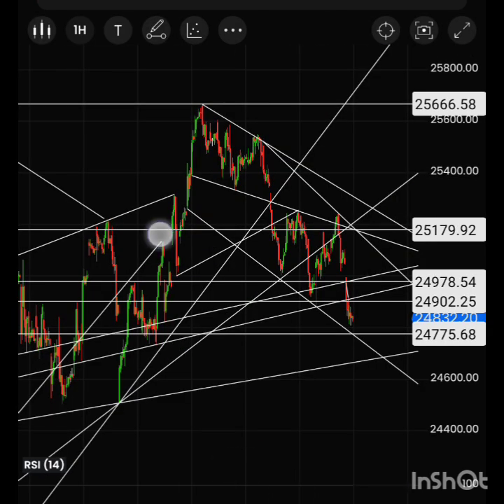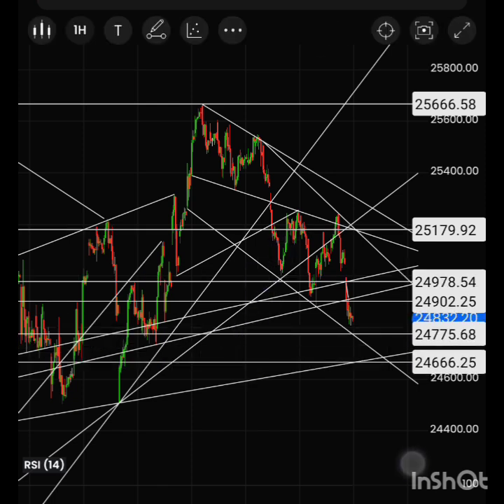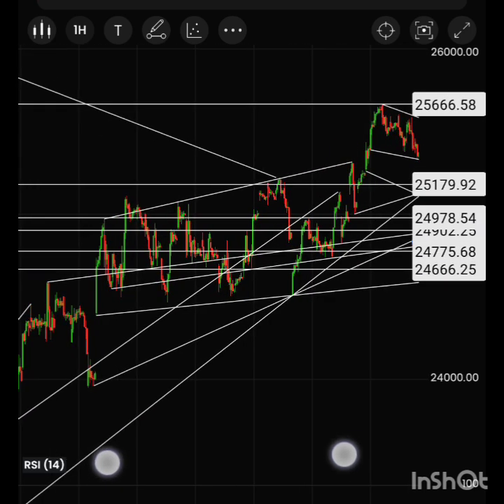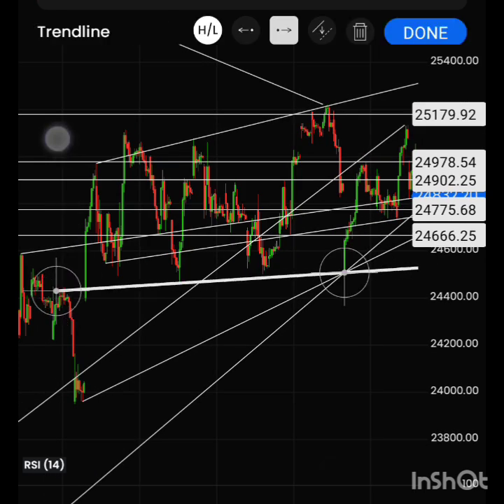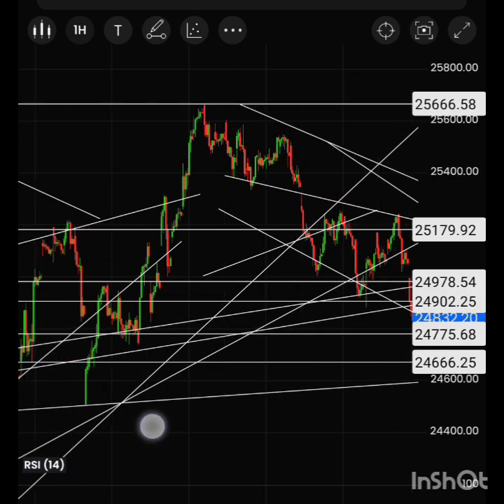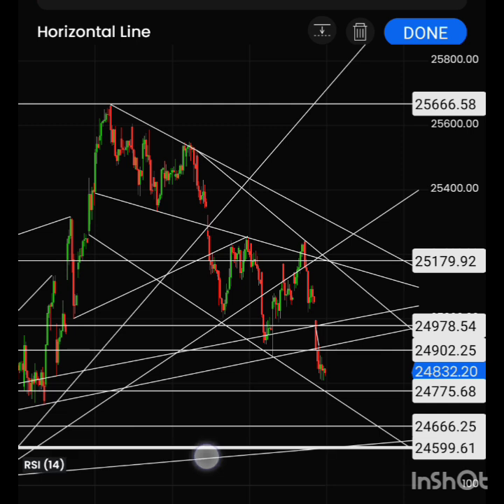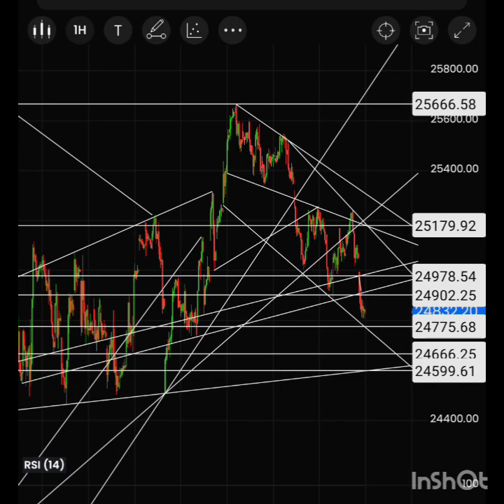It will come towards around here, that means the 24,660 range, 24,666 range. If this one does not hold, then we will have another correction down below. That means this is the next target I am getting, around here the 24,600 range. So that's for the 1 hour chart.